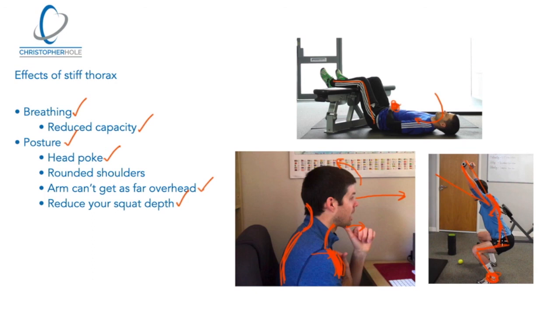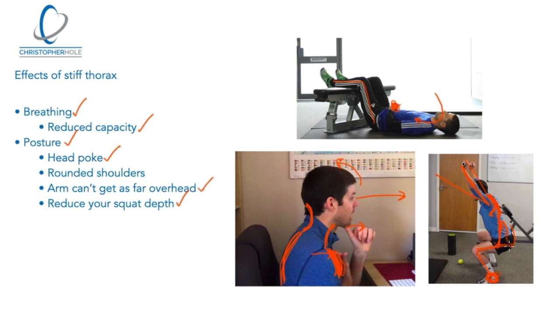Now again, if we haven't got good extension there, that can be due to poor hip flexor length, i.e. poor psoas length, which is then going to pull us forward, and it's going to affect how we squat. Now the caveat with that is its proper technique. We may be able to get further down, but we may find that we get a hip wink or the lower back rounds or anything like that.